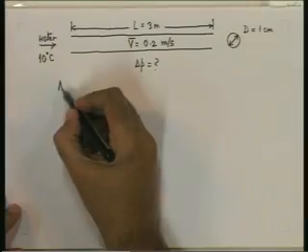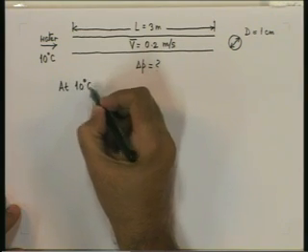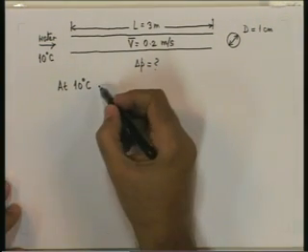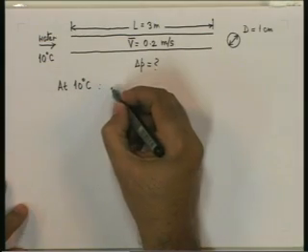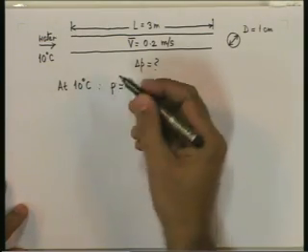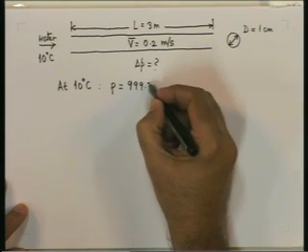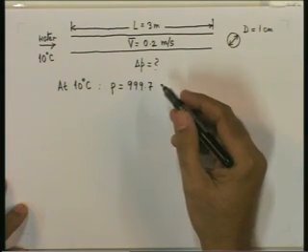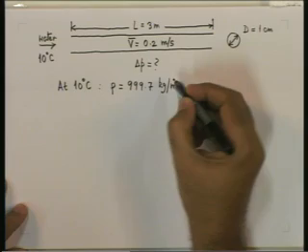First, let us look at the properties. At 10 degrees C, for water, we can read off the following properties from any property table. Density is 999.7 kg per meter cube.